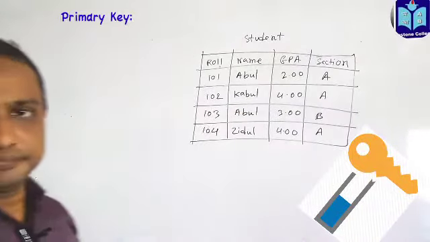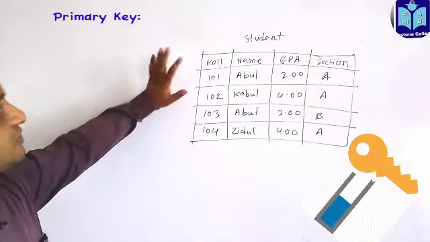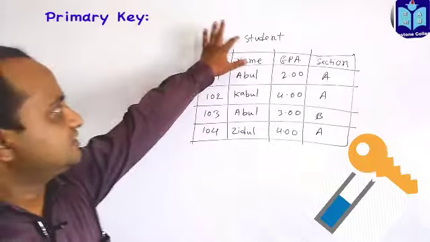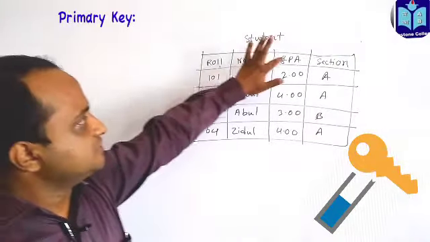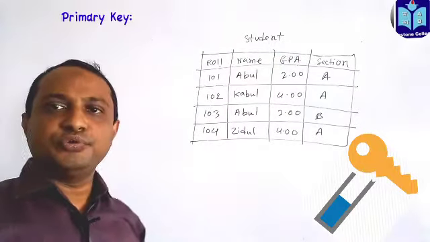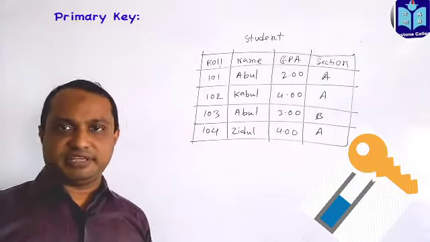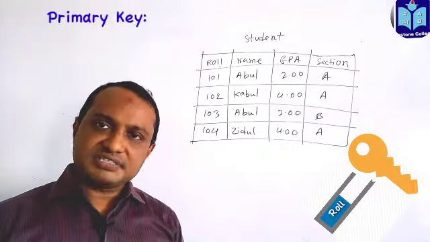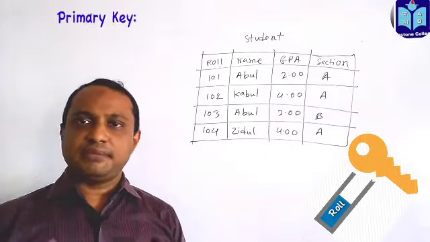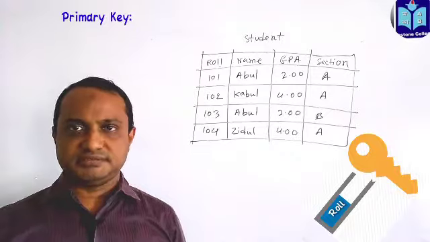Look at the table. Here there are 4 fields. The name of the table is student table and it has role, name, GPA, section. Which field will be a primary key? At first I say primary key must be a unique field. Primary key can never be duplicated.